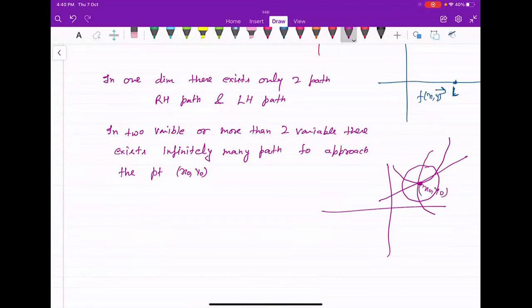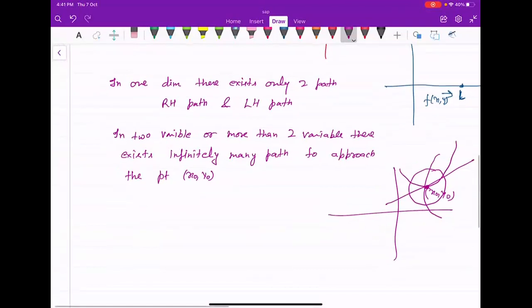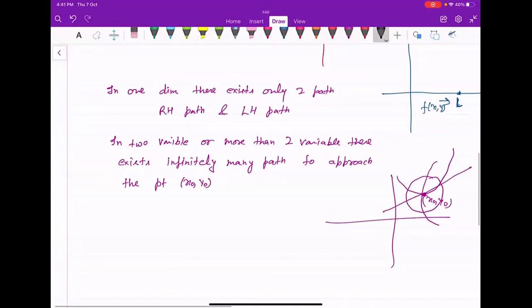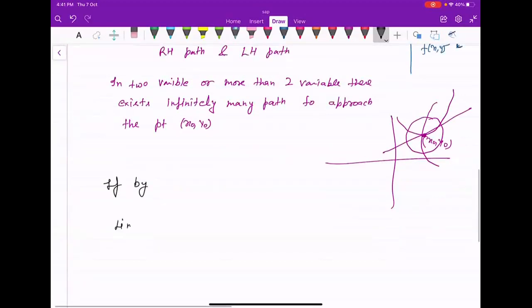So this is the difference between the limit for one dimension and two dimensions, or more than two dimensions. Suppose we are taking any two paths, and taking the limit of f(x, y) as (x, y) tends to (x0, y0).